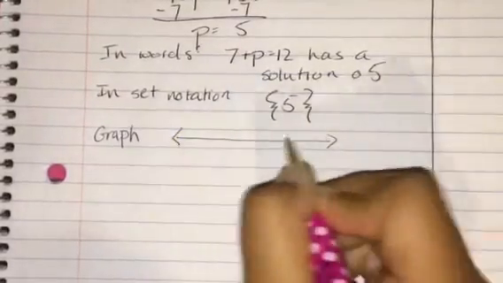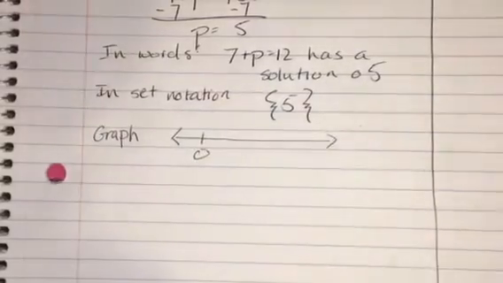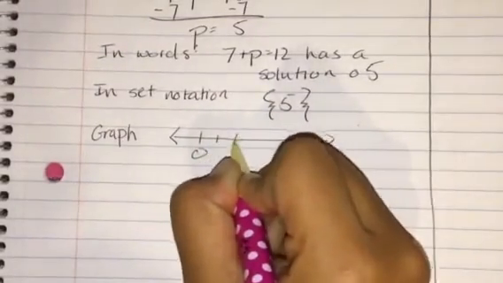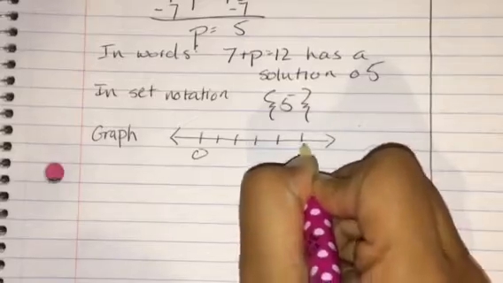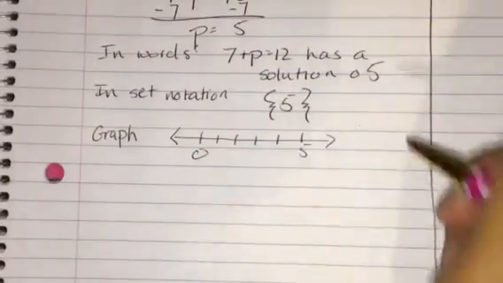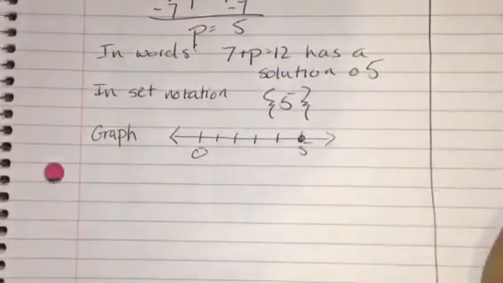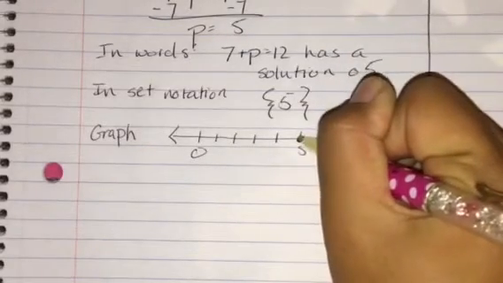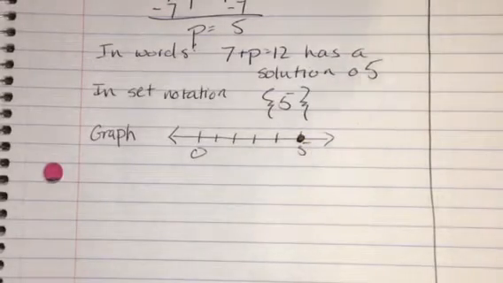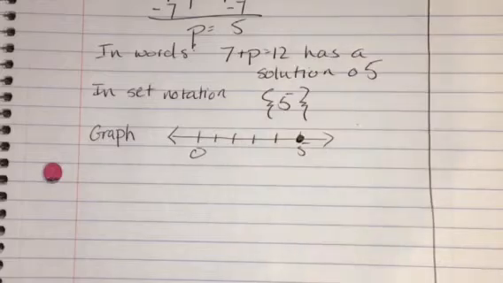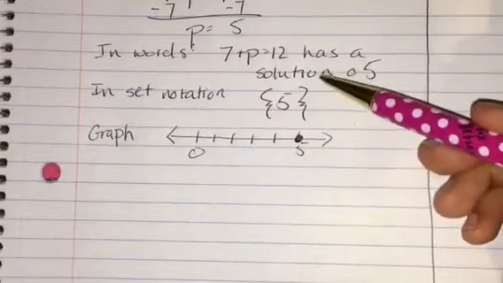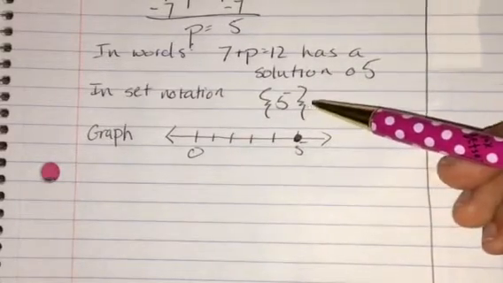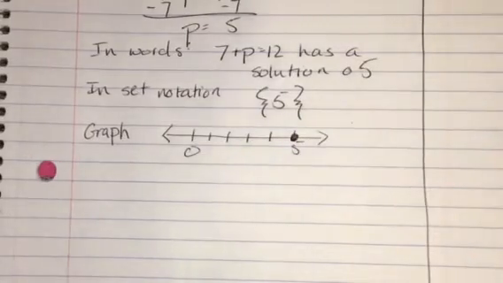Don't need a ruler, but you can use a ruler. If this is 0, and we have 1, 2, 3, 4, 5, then we have a single solution set, which is this dot, and it has to be colored in the entire way. This is the solution set written in words, notation, and on a graph.